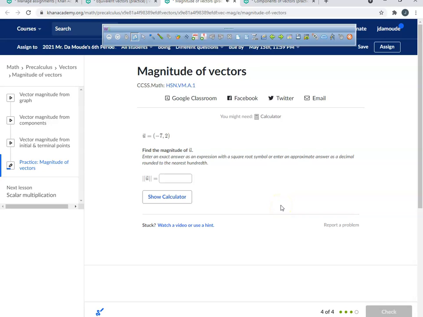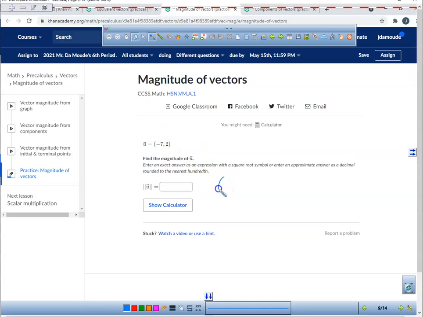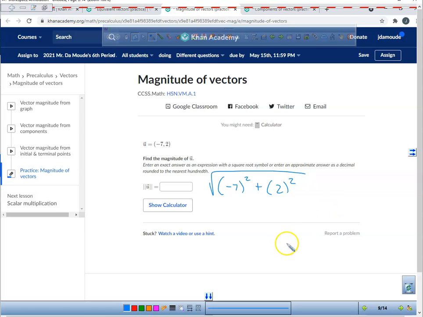Okay, here we go. Ooh, I've got a vector. It gives me my components. Well, that makes it even easier. I don't even have to interpret anything. So what's my first component? -7. What am I going to do? Square it. What's my other one? 2. What am I going to do? I'm going to square it, put it underneath the square root symbol. So it's basically just the distance formula or Pythagorean theorem. Got 49 and 4.